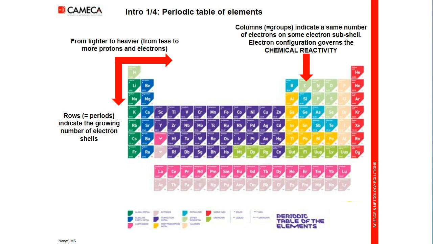What is the key of our topic of isotopic labeling is that the chemical reactivity is governed by the electron configuration, not the mass of the atom.